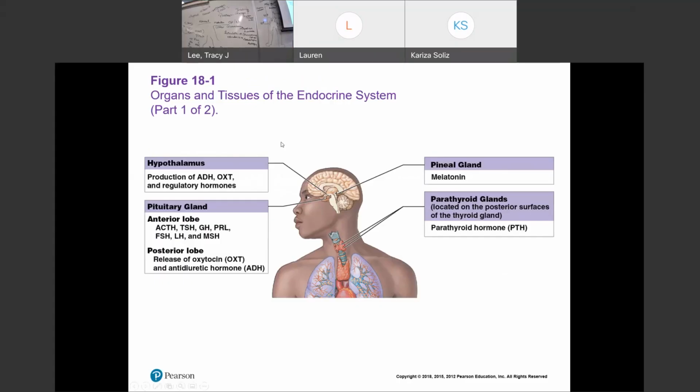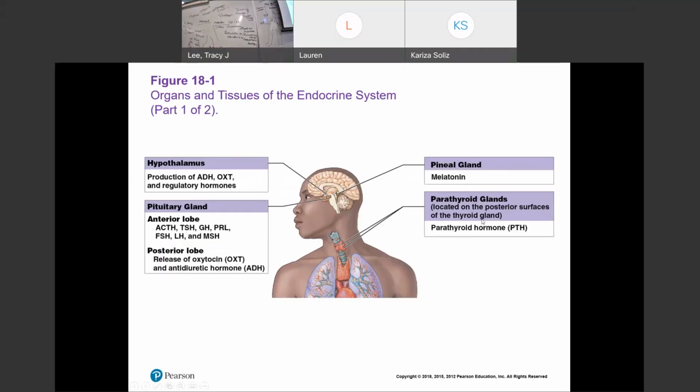Okay, and this kind of lists all of our endocrine, and again, we've talked about a lot of these. Hypothalamus, it produces ADH and oxytocin, which go directly to the posterior pituitary gland for release. Anterior pituitary gland, we talked about all these guys. We did TP flag. Posterior: oxytocin and ADH.